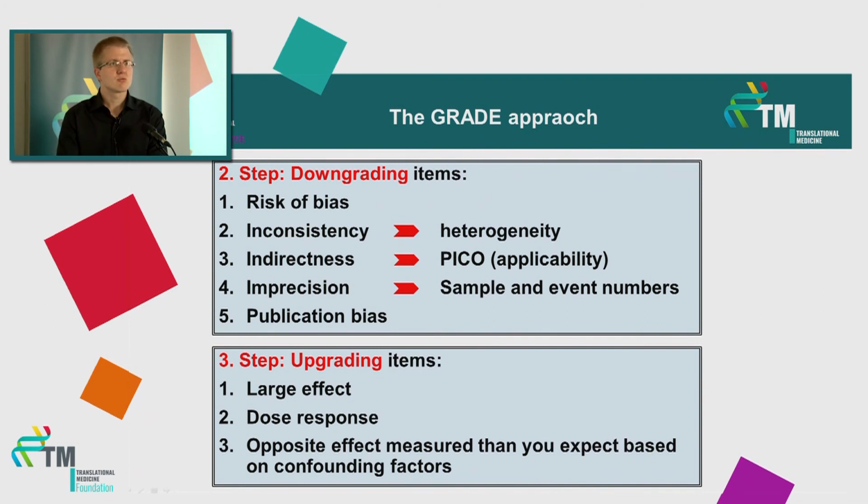Even if you included randomized controlled trials, it's possible to reach very low grade of evidence. And that's the typical one. In Cochrane reviews, you barely see high grade of evidence because they are very rigorous. If you are uncertain, grade it down, just for the sake of safety. You may have some upgrading items, but they are rarely used.